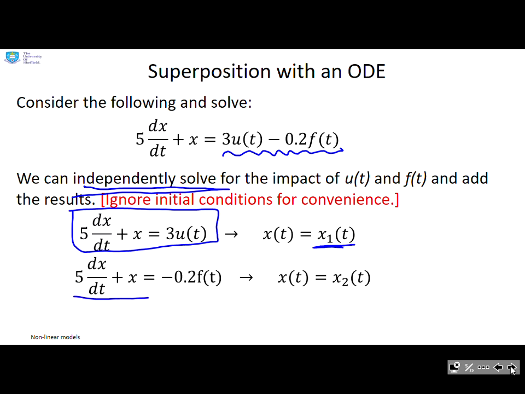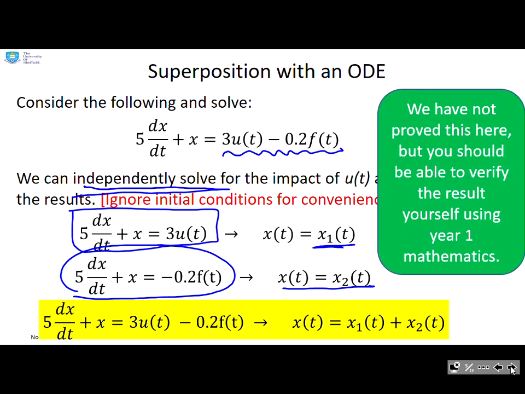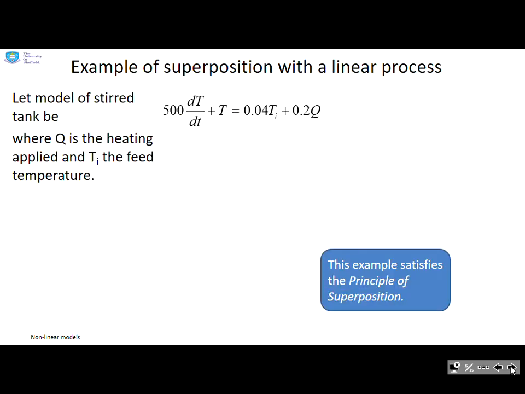I then solve with just the f, and that gives me a solution x2. And unsurprisingly, what you'll see is if I now have a right-hand side of 3u minus 0.2f, my answer is x1 plus x2. Now, I haven't proved this, but you should be able to verify or prove this just using anything you've done in a first-year maths course.